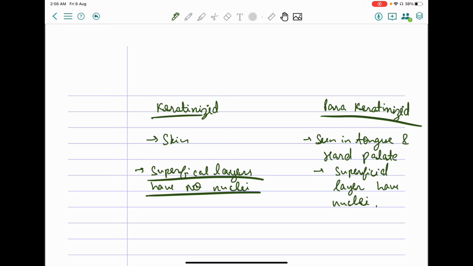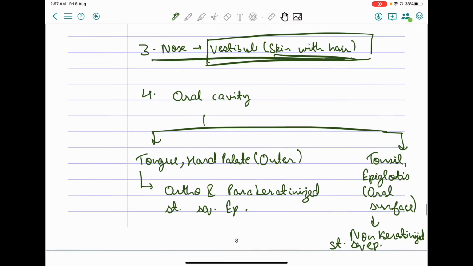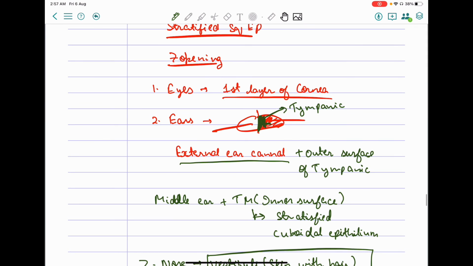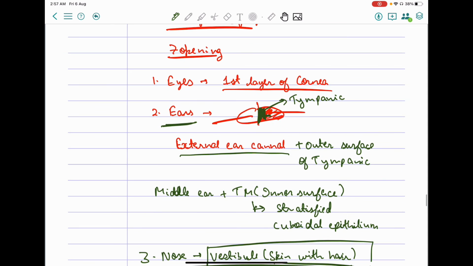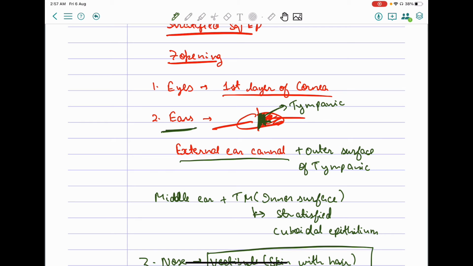All right. Now, one more thing that I want to tell you about ears. In the ear, do you know that glands are also present? In stratified squamous epithelium, we know that a sweat gland is present in skin, but in the skin of the ear, a wax gland is present. Do you know the wax gland?